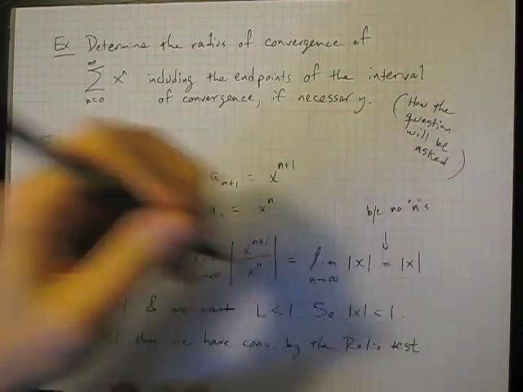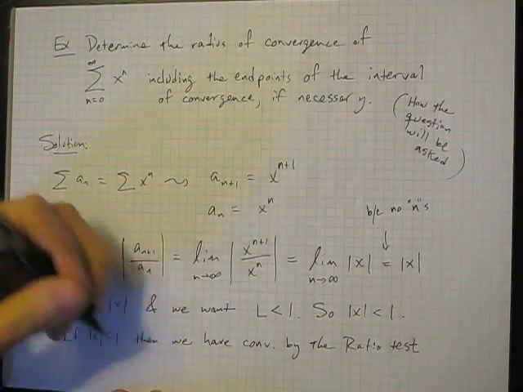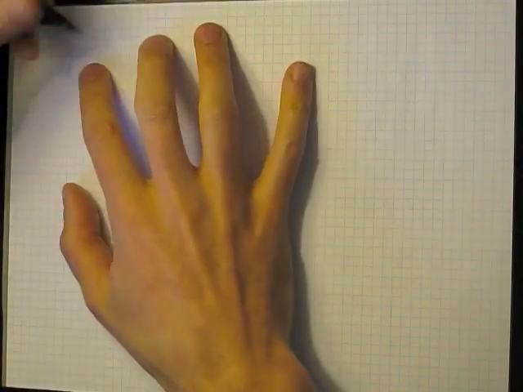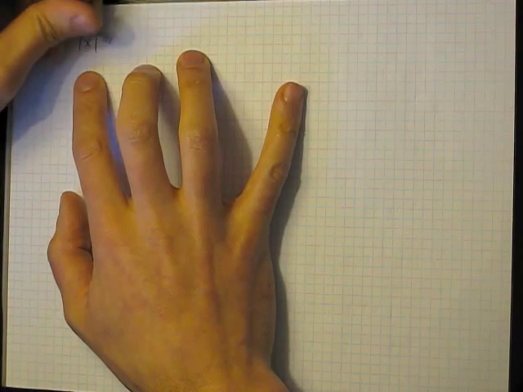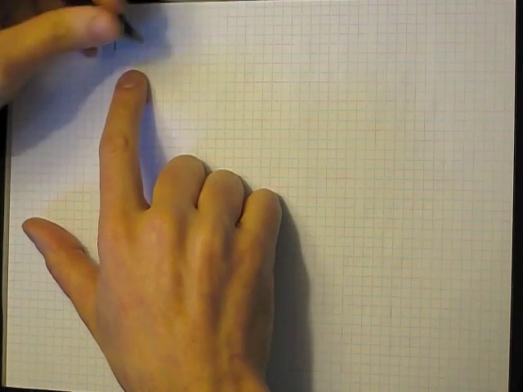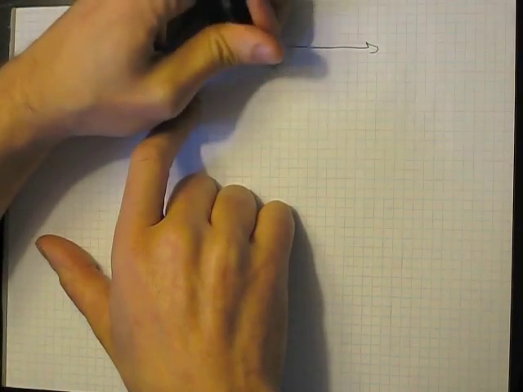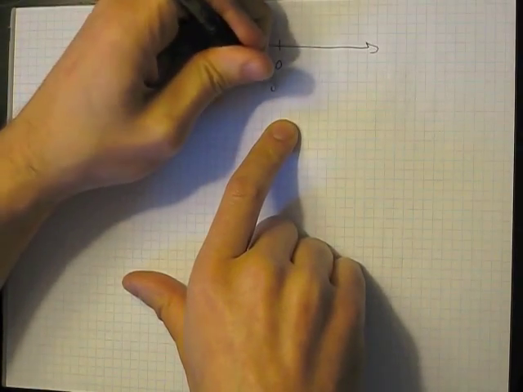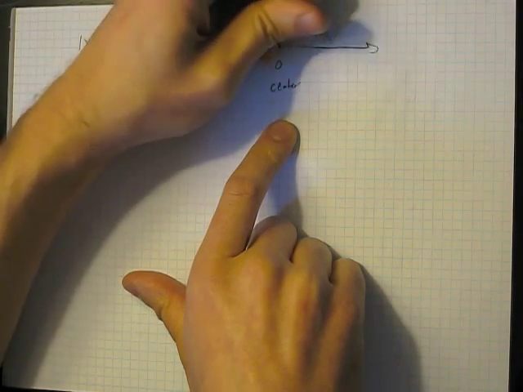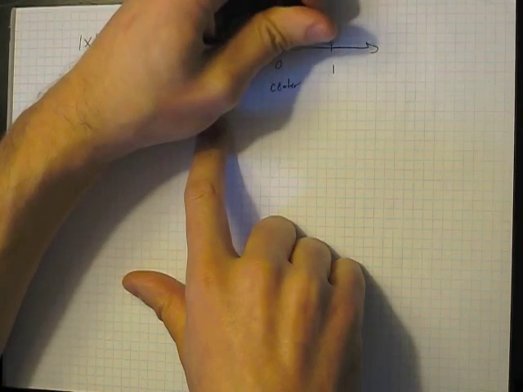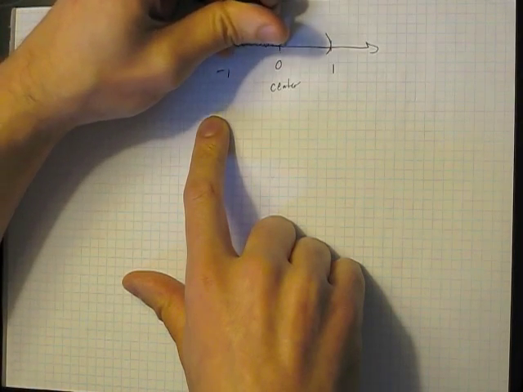Okay? So what does that look like, x less than 1 in absolute value? x less than 1 in absolute value is this picture. Here's 0, that's the center. Here's 1, here's minus 1, and so we're looking at this interval here.